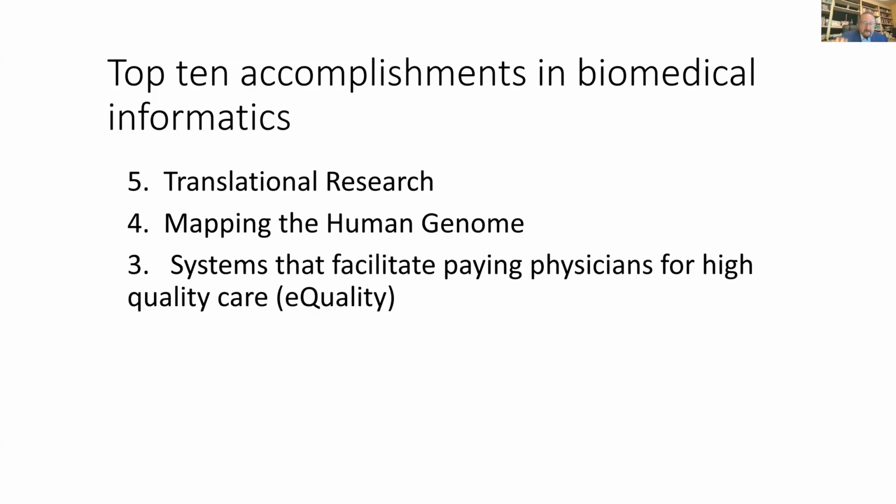This in part was some of my work that went into this. And the idea is that by doing so, we can actually risk adjust people and populations, and the insurance companies can pay people more for taking care of sicker people. And if they do well on the patients that were sicker to begin with, they get paid even more.